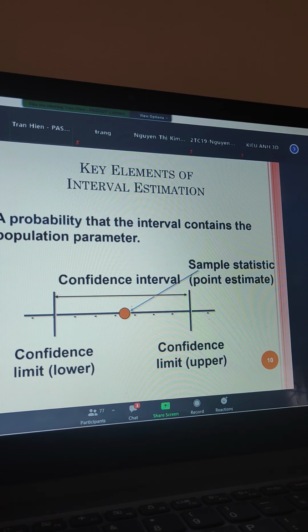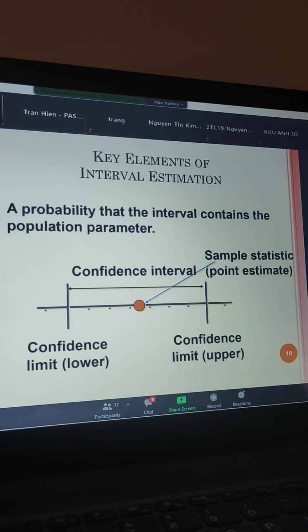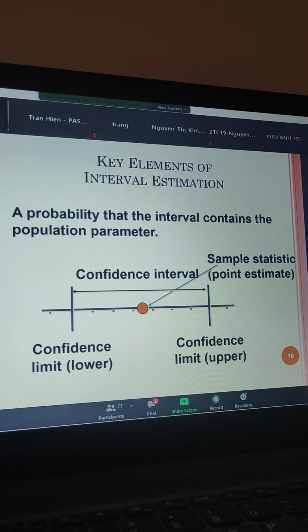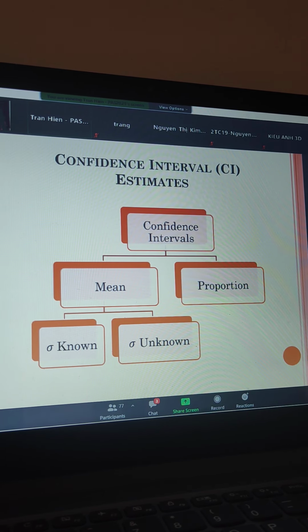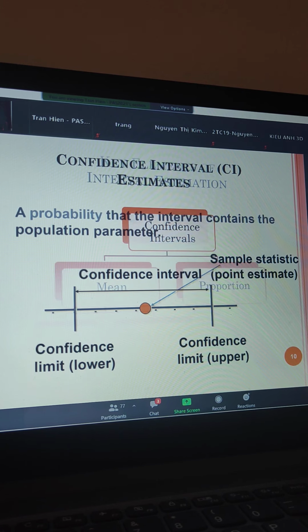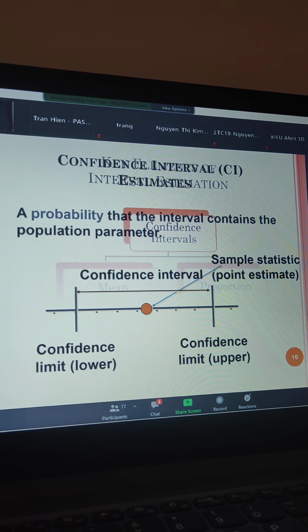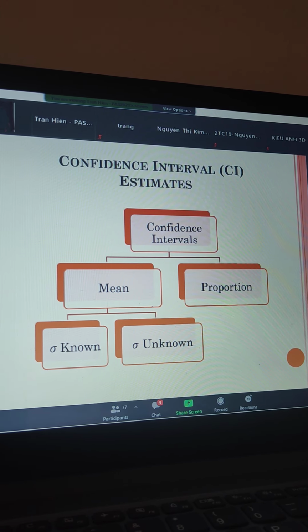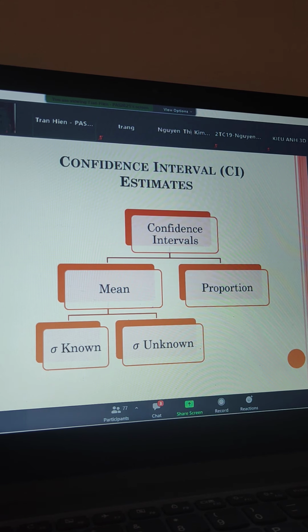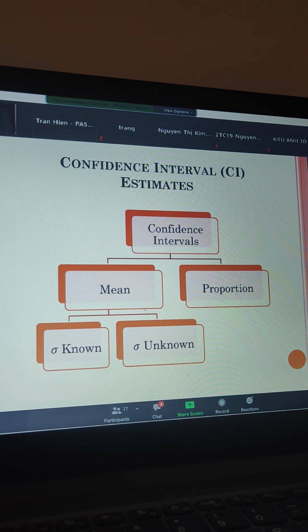And the point estimate of the sample will belong to the confidence interval. So now we show how to compute an interval estimate of a population mean.